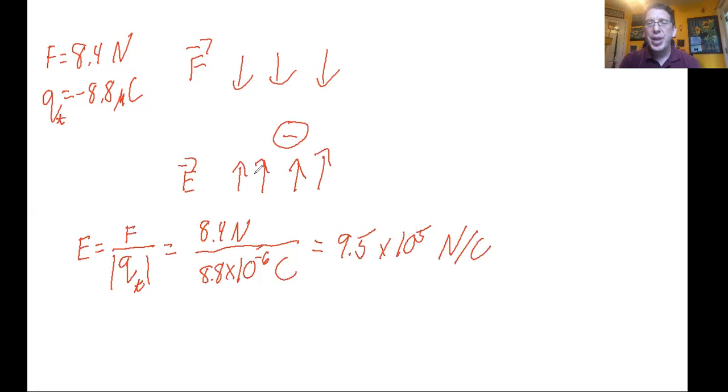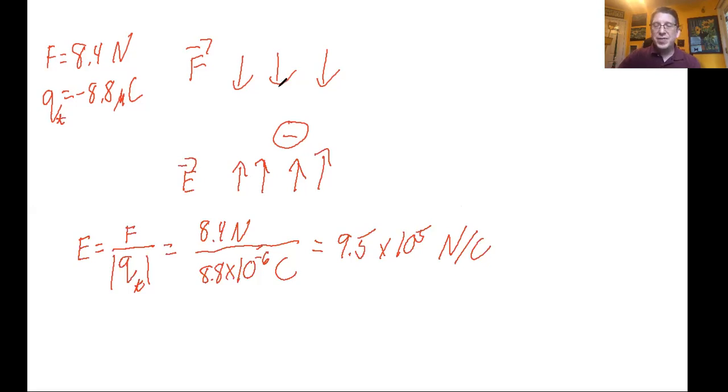So before we move on, I want to talk about this a little bit further, just conceptually. There's an electrical force acting downward on a negative charge. So there are basically two ways that can happen.